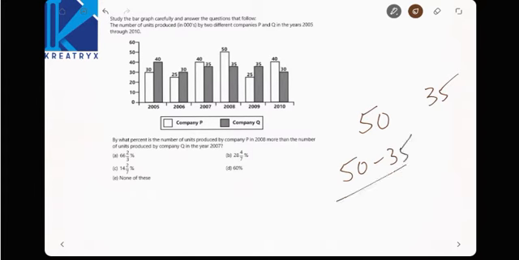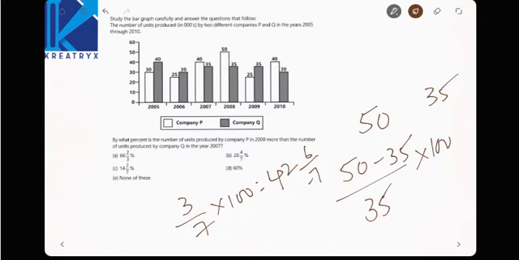More than Q means the denominator will be 35 into 100. That will lead you to 3 by 7 into 100. So 3 by 7 into 100 is nothing but 300 by 7. That leads you to 42 6 by 7 percentage. There is no option here, so the option is none of these.